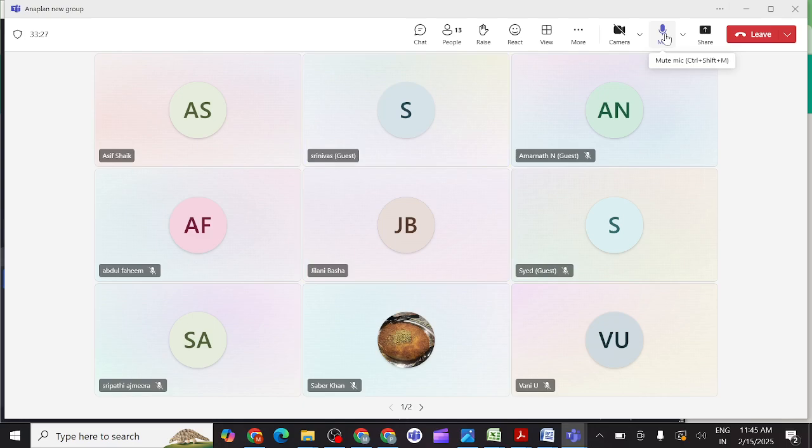Is this inflow or outflow, whatever expenditure you are doing? This is outflow. Everything is outflow.